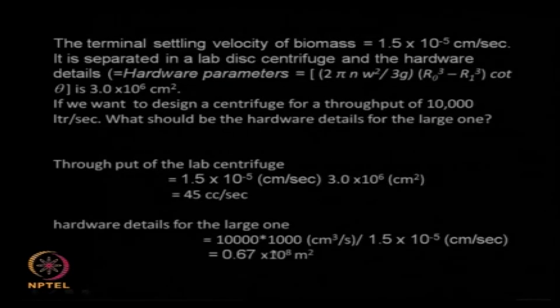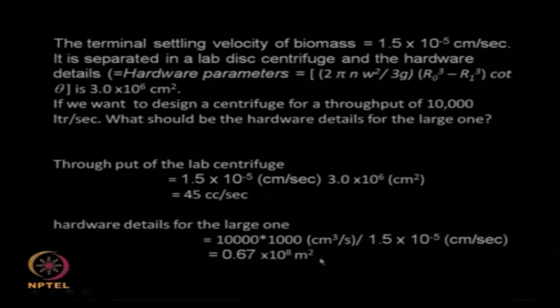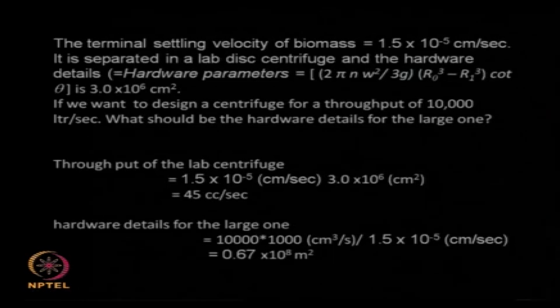Now how do you achieve this particular number for hardware parameter? It can be achieved through so many terms here. It can be achieved through increasing the number of disks, through changing your inclination, that is theta, with respect to central axis, or through changing the R0, understand. So that is left to you.